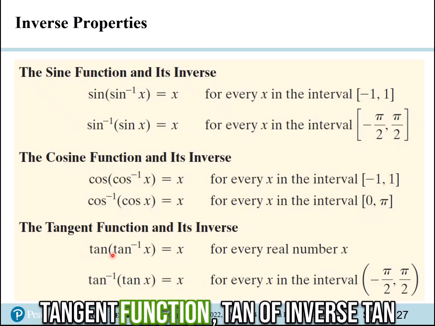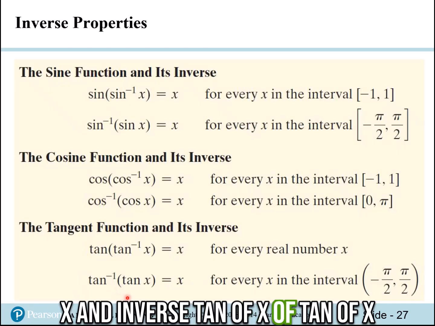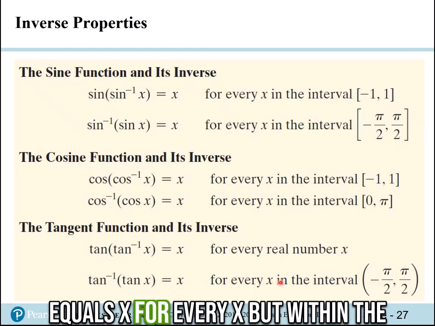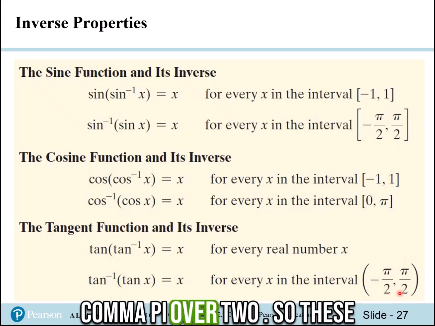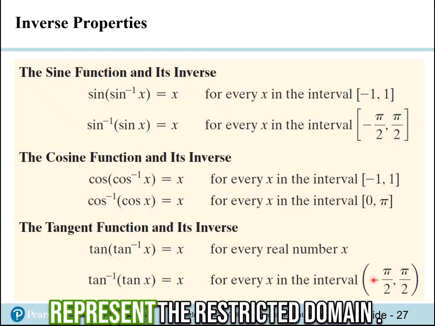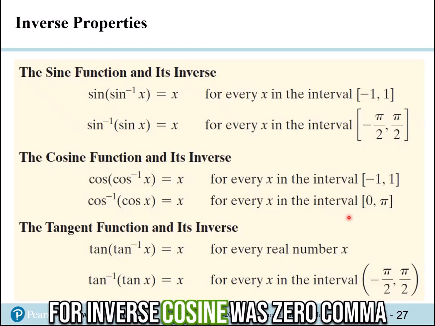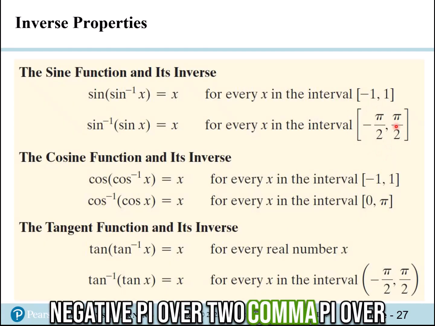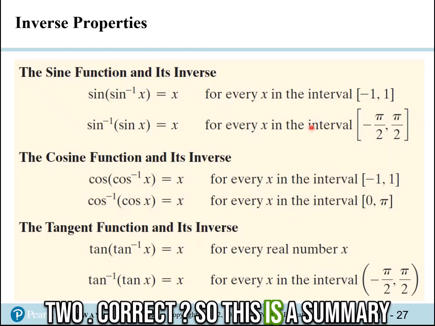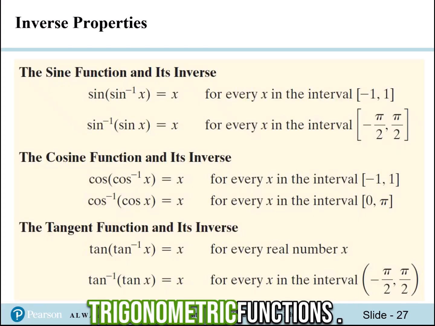For the tangent function, tan of inverse tan of x equals x for every real number x, and inverse tan of tan of x equals x for every x but within the interval of -π/2, π/2. So these represent the restricted domain, correct? -π/2, π/2 for inverse tan. For inverse cosine, it was 0, π, and for inverse sine, it was -π/2, π/2, correct? So this is a summary for looking at the inverse properties of the different trigonometric functions.